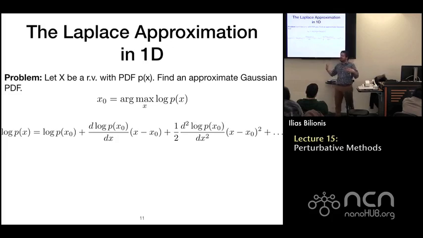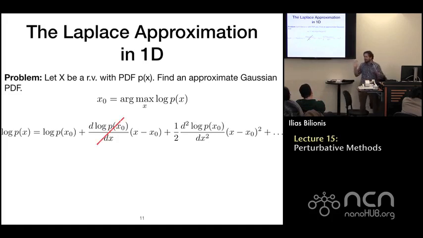If you take the Taylor expansion of p of x, you're going to have to keep a lot of terms because you need to capture this skewness. But if you work with log of p of x, you can truncate the Taylor expansion to a very small order. So you see, I expanded log of p of x around x naught, which is the maximum of log of p of x.